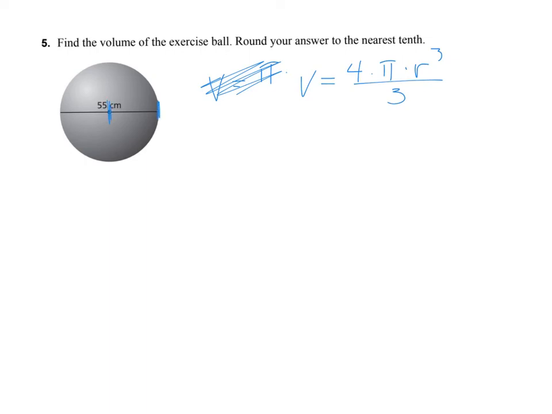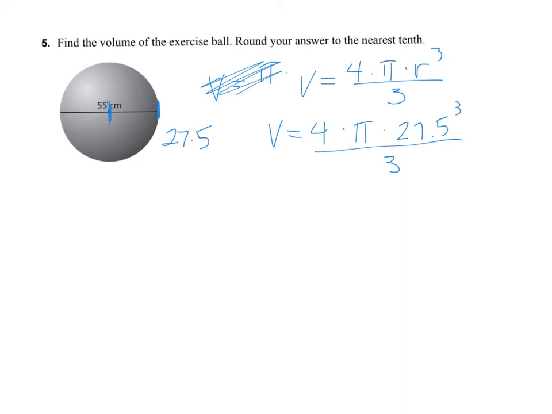So 55 divided by 2, 27.5. This is our radius. So we're going to go volume is equal to 4 times pi times 27.5 to the third divided by 3.